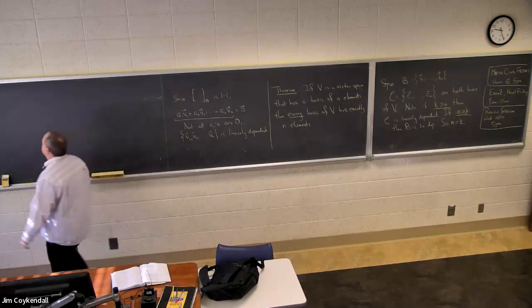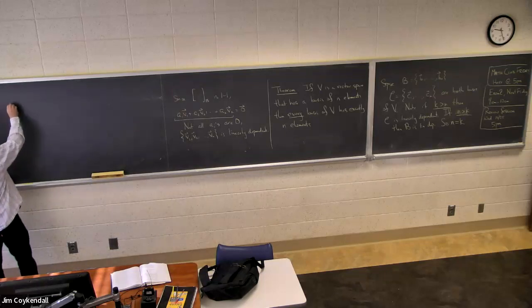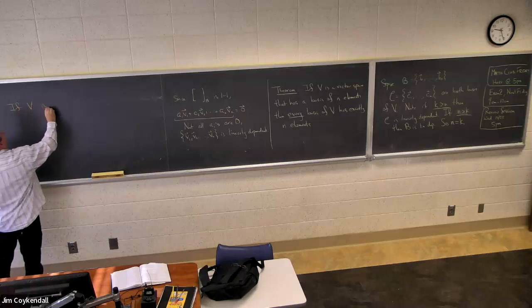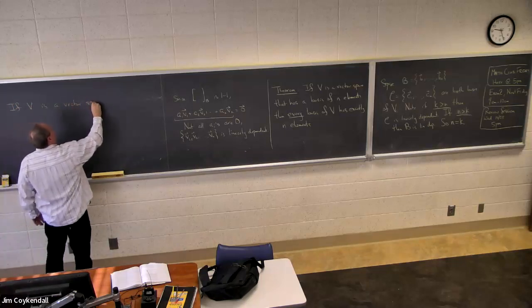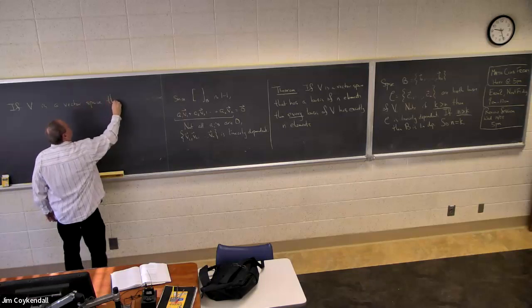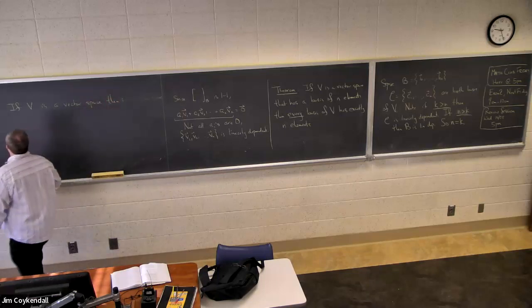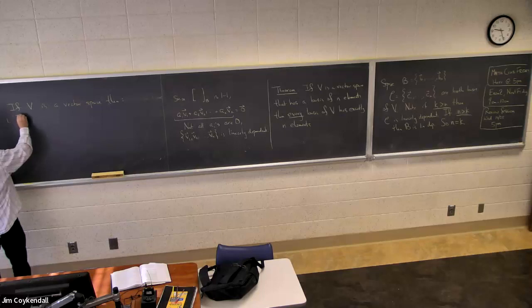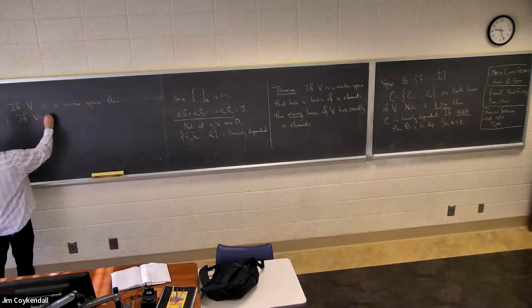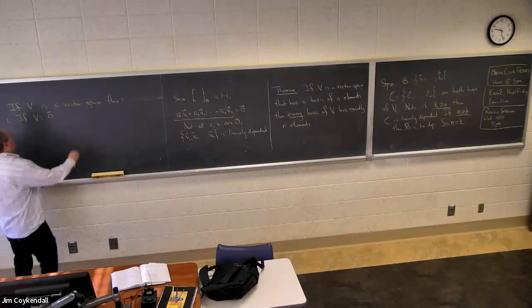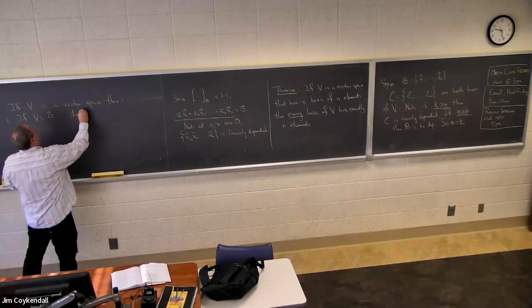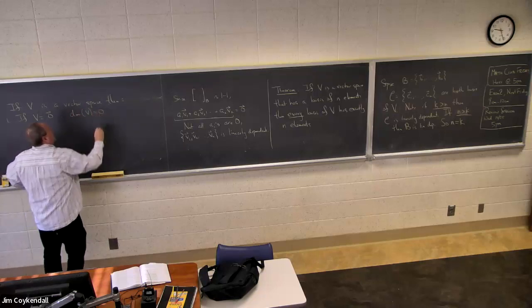If V is a vector space, then number one, if V consists only of the zero vector, so V is the smallest vector space that we ever imagine, then the dimension of V is equal to 0.